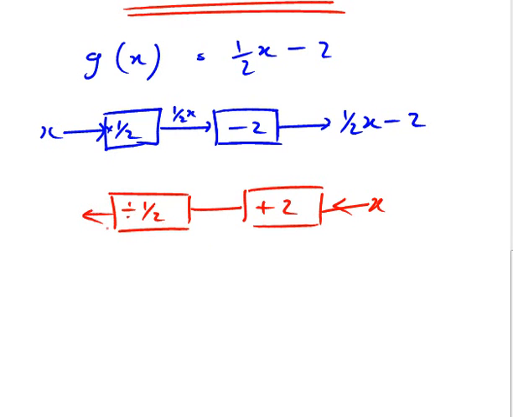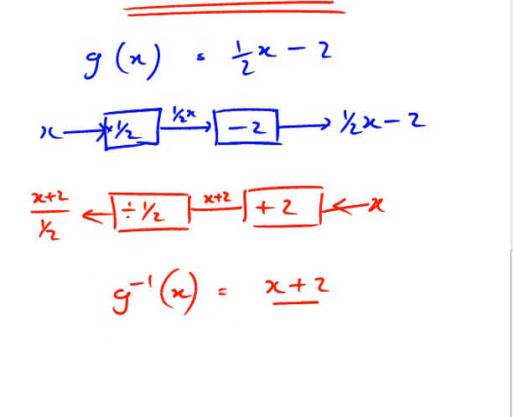So our function would be x add 2, and then after having added the 2 we would divide it by a half. So our inverse function would be written this way, and it would read x add 2 divided by a half.